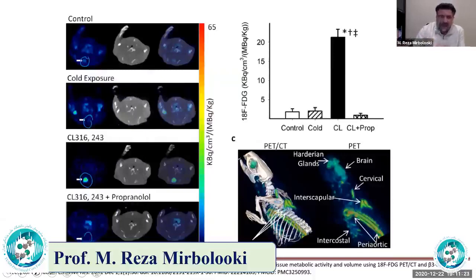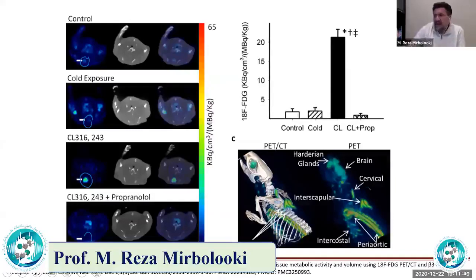So this beta-3 adrenoreceptor agonist actually helped us show where the brown adipose tissue is in the rat, because at the time that I did this experiment, there was no mapping of the brown fat available.